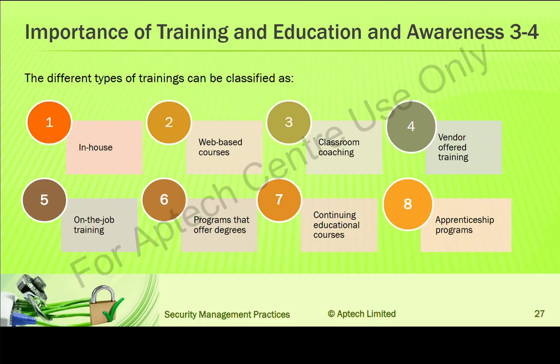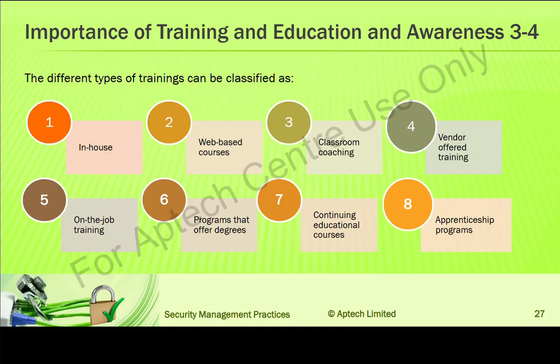Now, these are the different types of training to be classified. We have in-house training, which is what we are doing now, and we also have web-based courses, online courses, where you go and take a particular course, and we also have classroom coaching. We also have vendor-offered trainings, and then we also have on-the-job training.